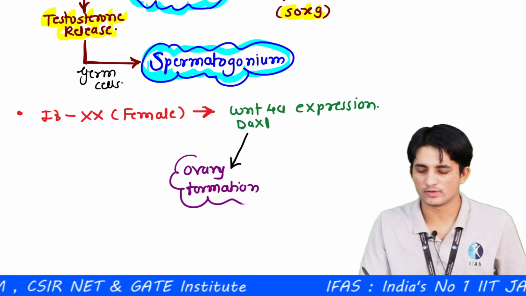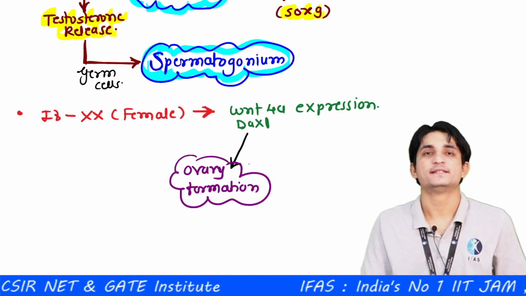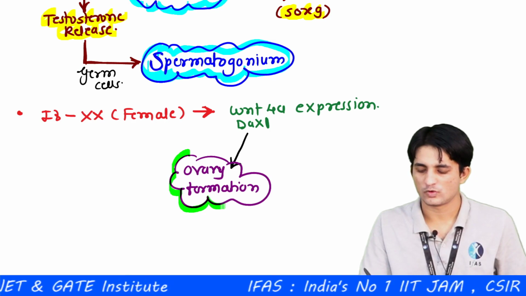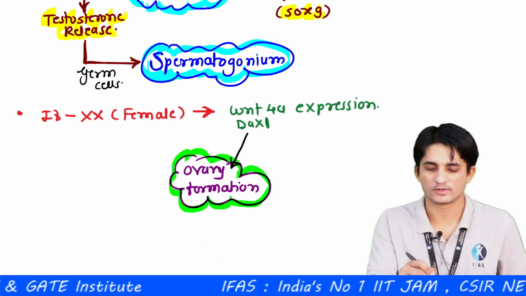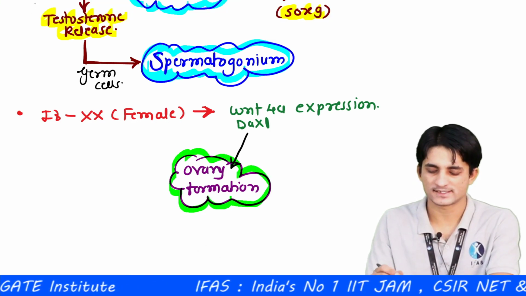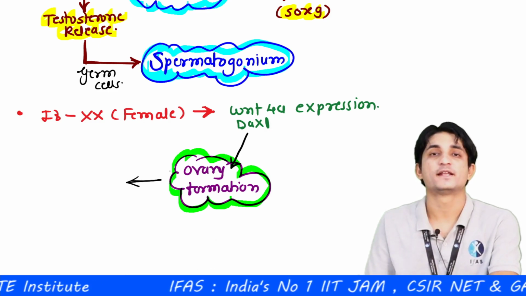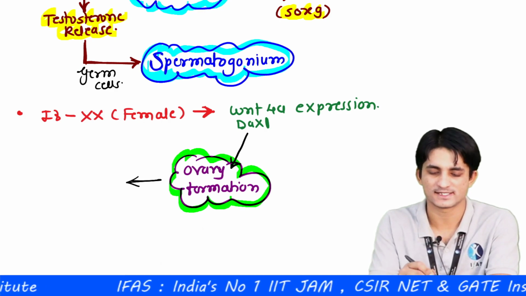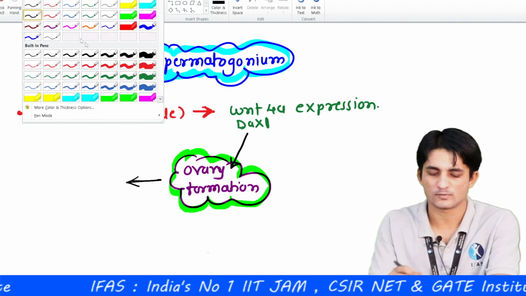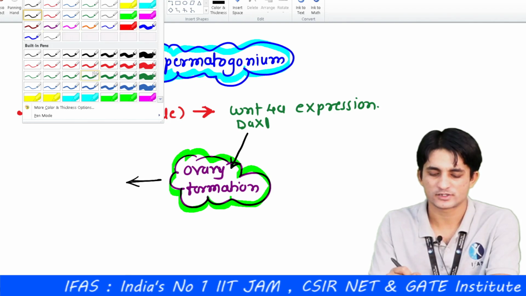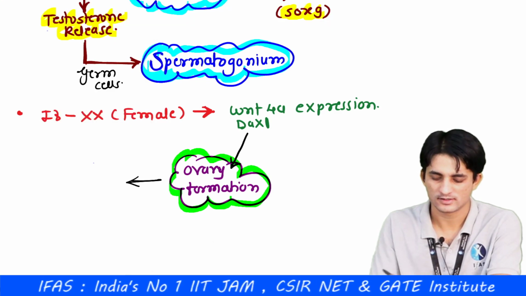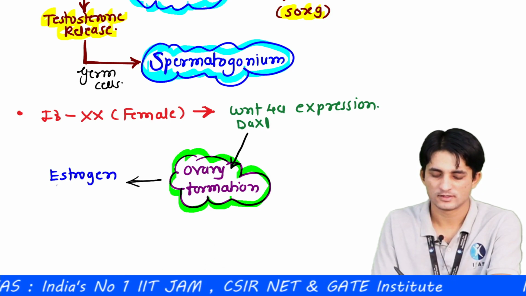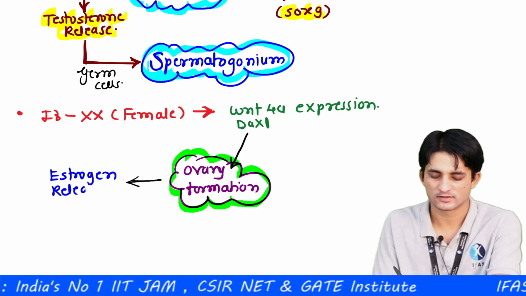Now in this ovary there is presence of the theca cells and the interstitial cells, and there are follicles from which there is a release of estrogen.